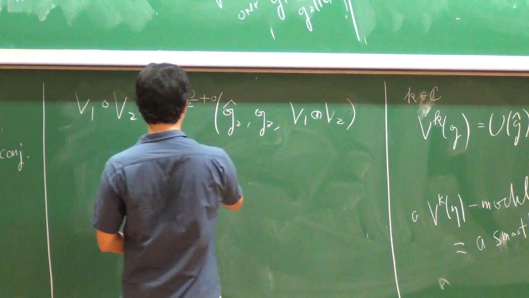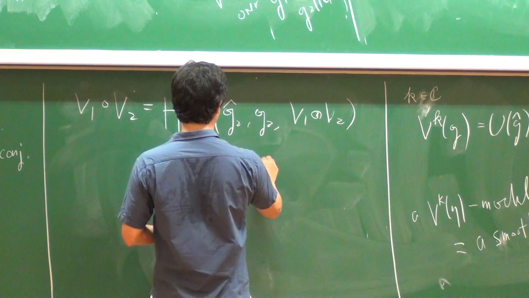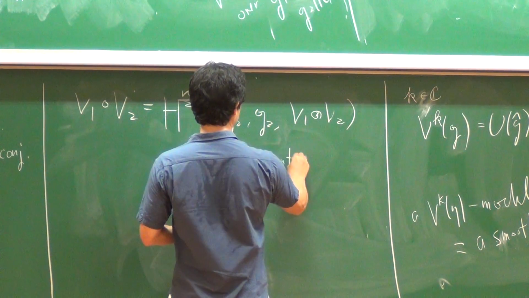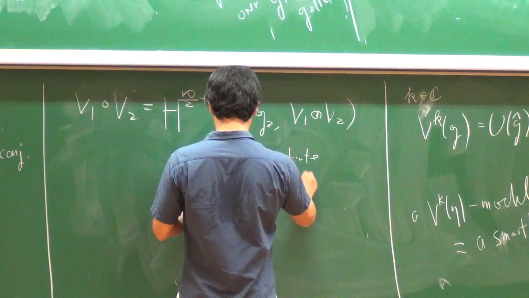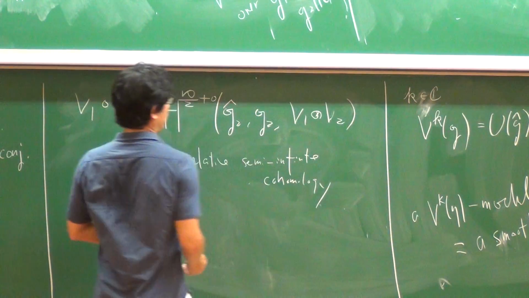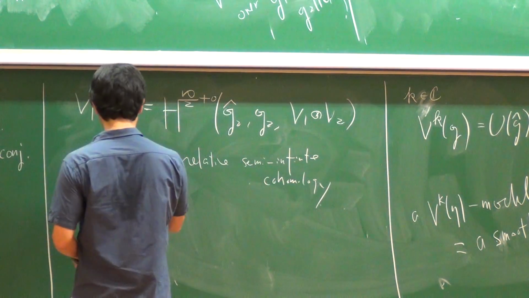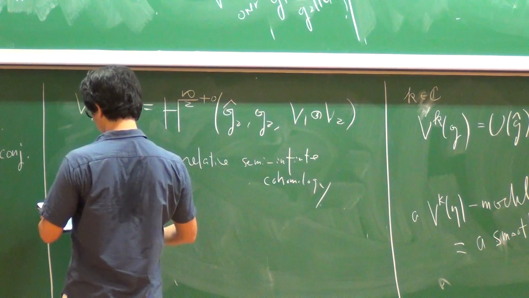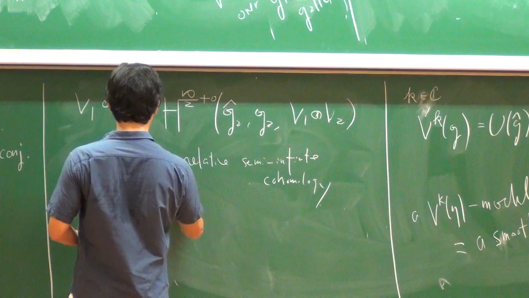So this is a relative semi-infinite cohomology. And so this is again a monoidal category where the tensor product is just the usual tensor product.